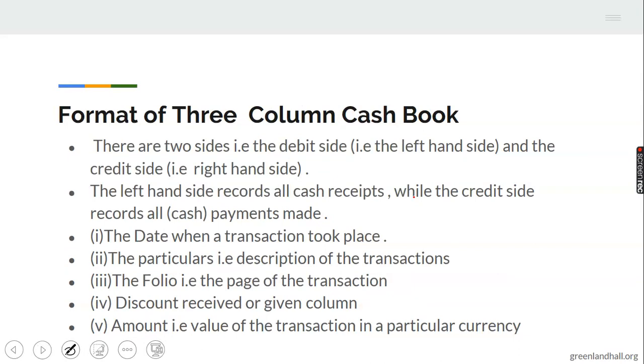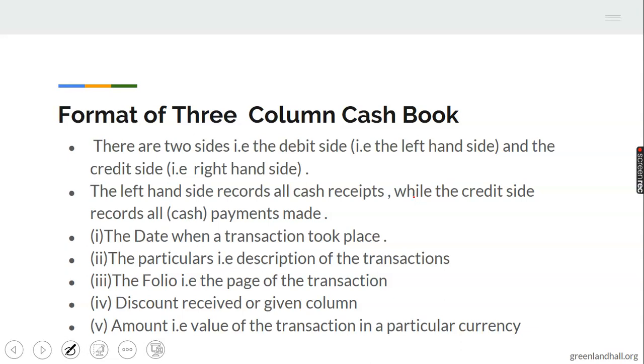Now, looking at the format of a 3-column cash book, like I mentioned, there are two sides: the debit side, which is the left-hand side, and the credit side, the right-hand side. The left-hand side records all cash receipts, while the credit side records all cash payments made. Under the 3-column cash book, we have the column for the date, that is when the transaction actually came up.